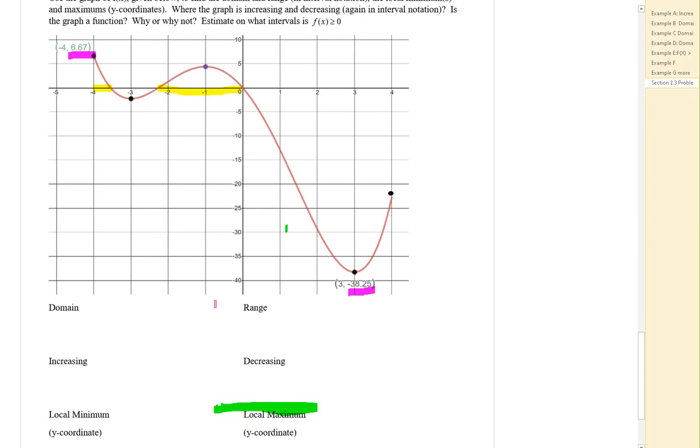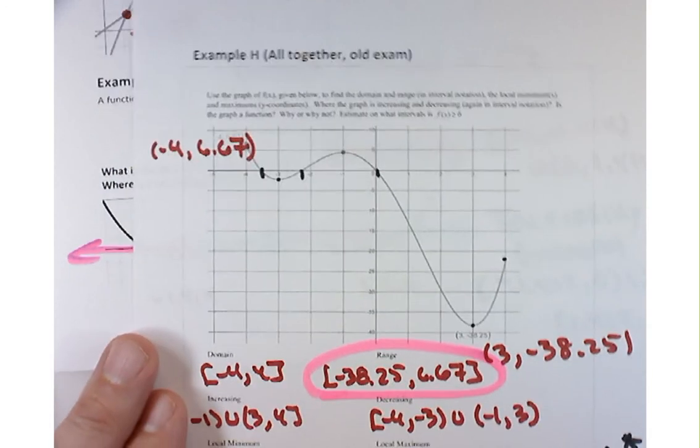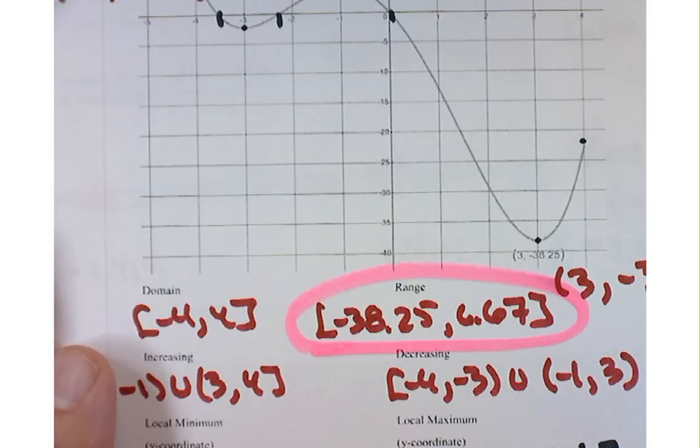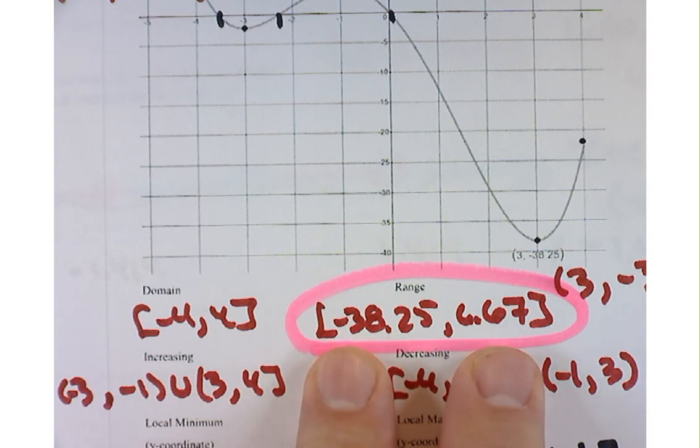So that's going to be your range. So if you're looking to see what that would be, that's these values down here, -4 to 4, and then -38.25 to 6.67.